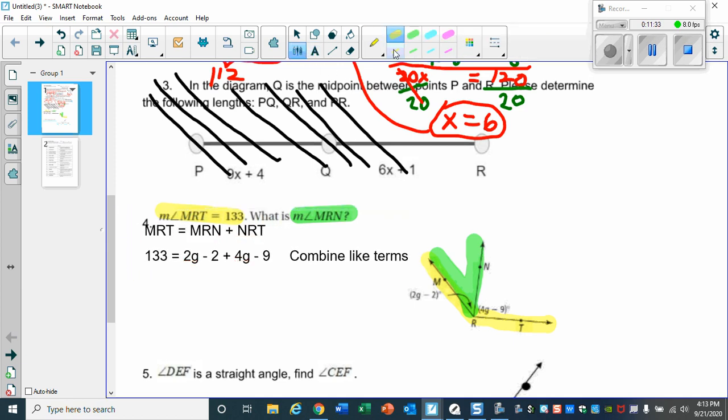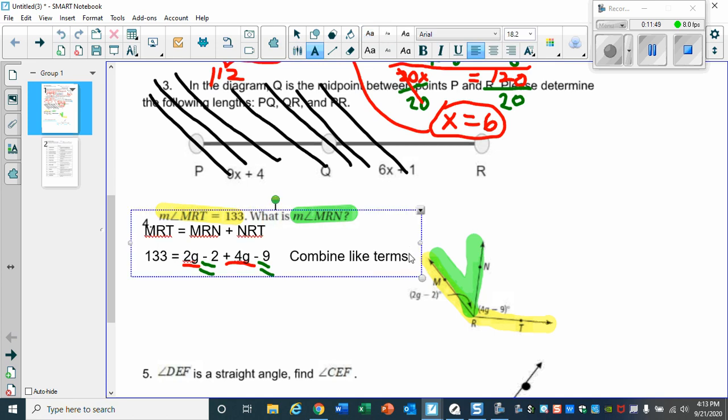So in this case, our like terms are 2G, 4G, negative 2, negative 9. And then as a result, combine our like terms. 133 equals 2G plus 4G is 6G. And then negative 2, negative 9, combine that, you get a negative 11.